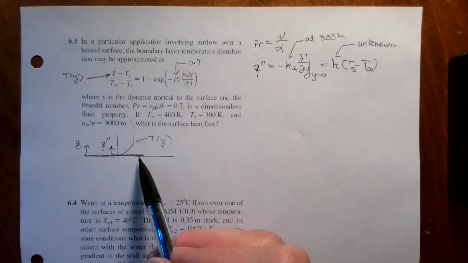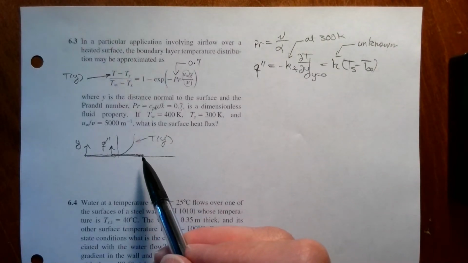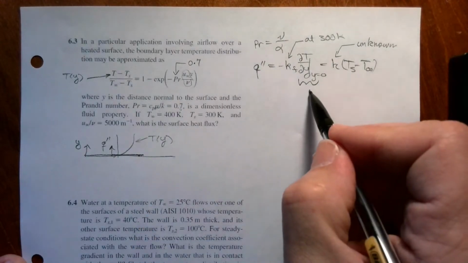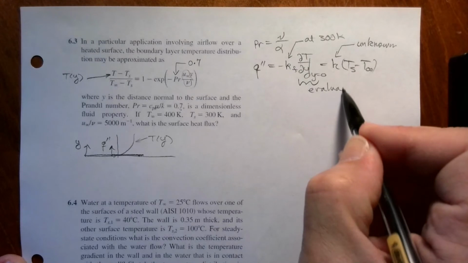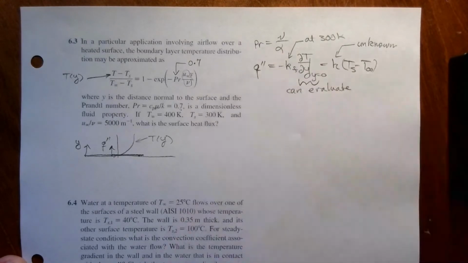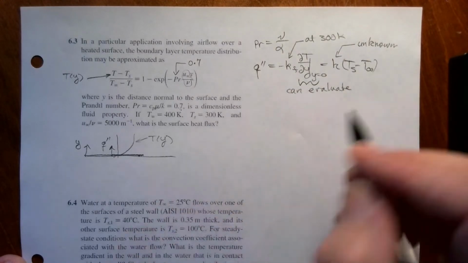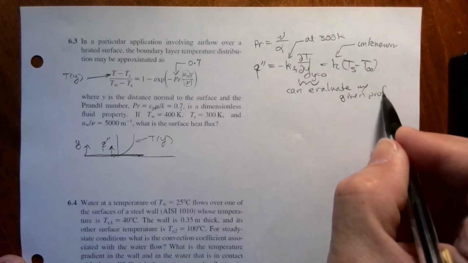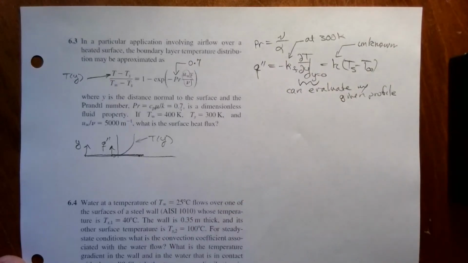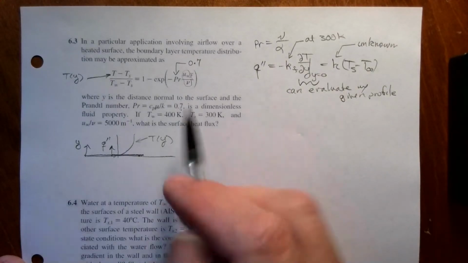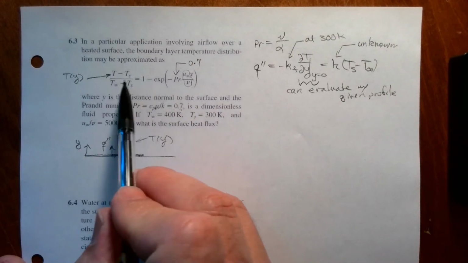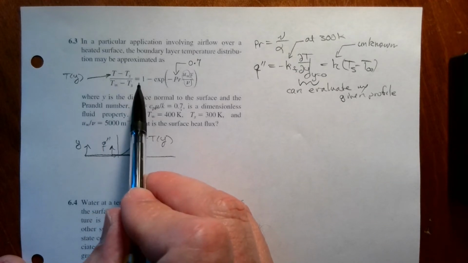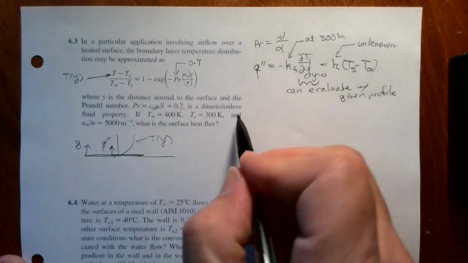They actually gave us the temperature profile itself, effectively gave us more information. This slope, however, we're given the temperature profile, so we can evaluate that with the given profile. Right, so take this equation and solve that for T. Take the temperature difference to the other side, then take this to the other side, so I'll go ahead and do it.